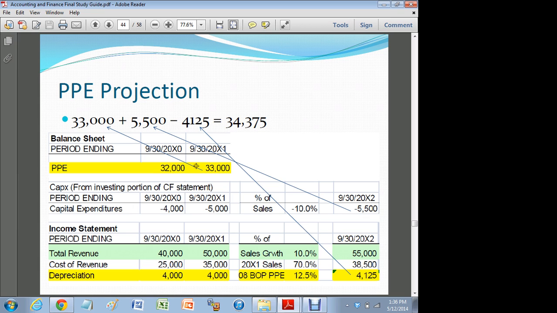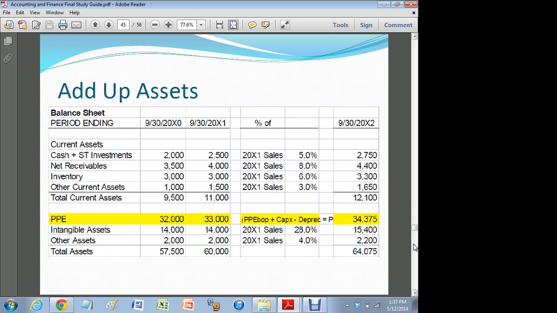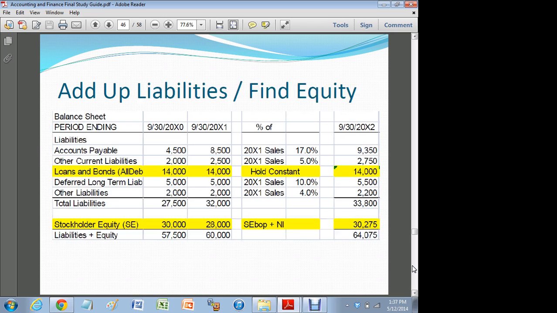So this is where these three numbers are coming from. So once we have PPE, we can add up all assets, and we're almost there.